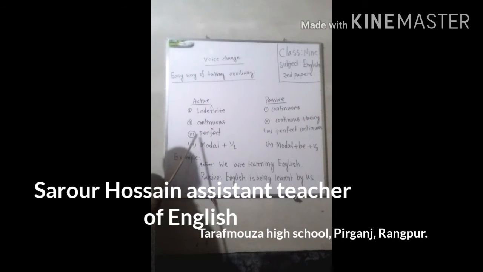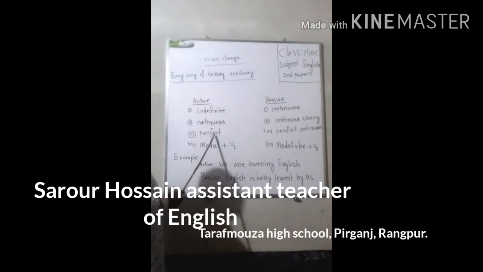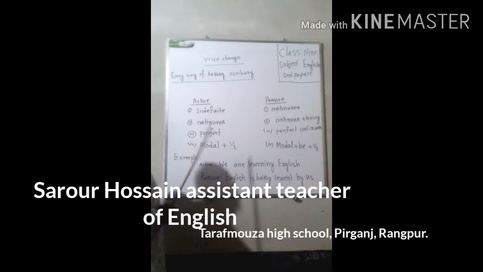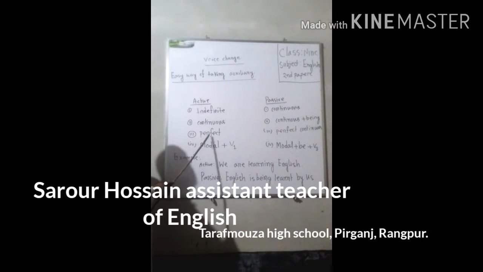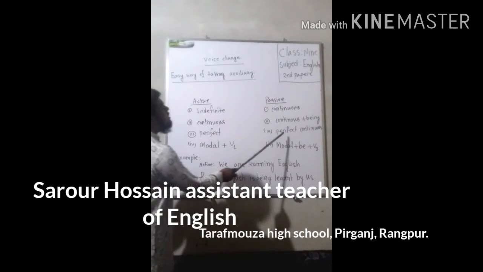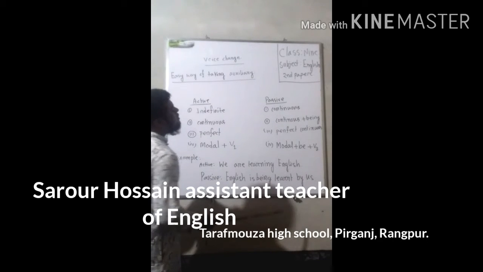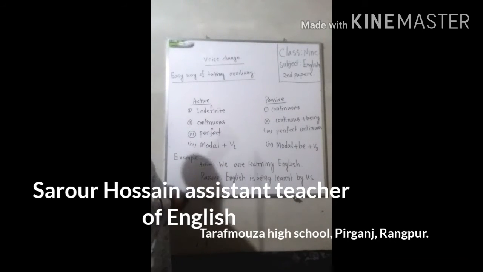Technique number 3. Here we can see perfect tense in the active voice and in the passive voice perfect continuous tense. That means if we find present perfect tense, the auxiliary should be taken of present perfect continuous tense in the passive voice.